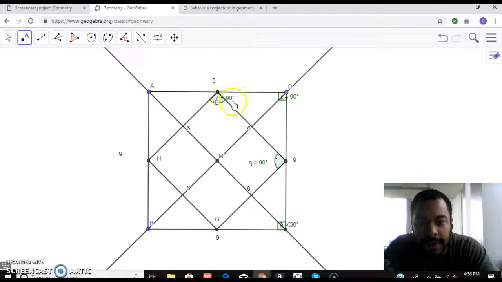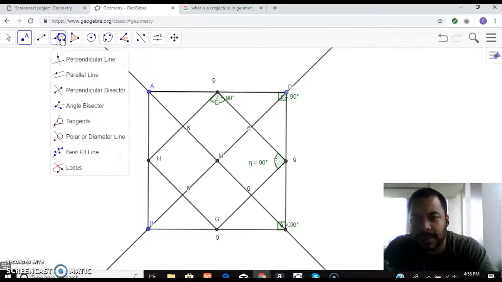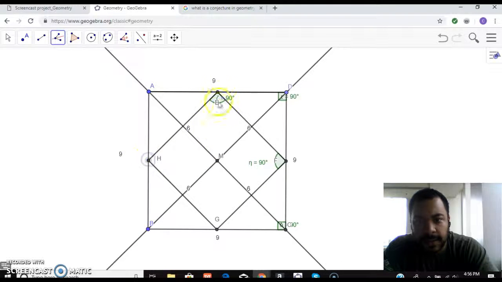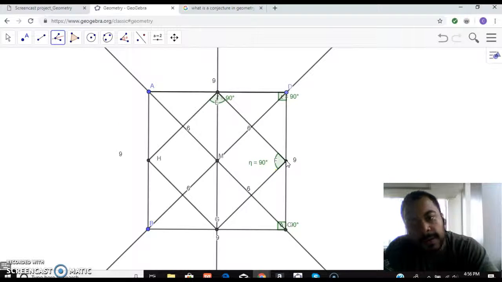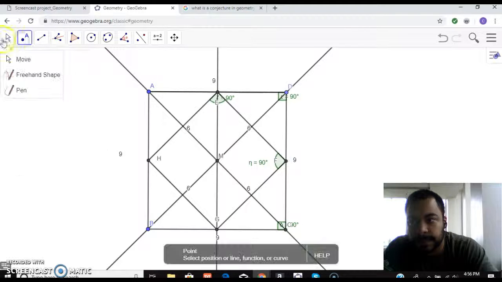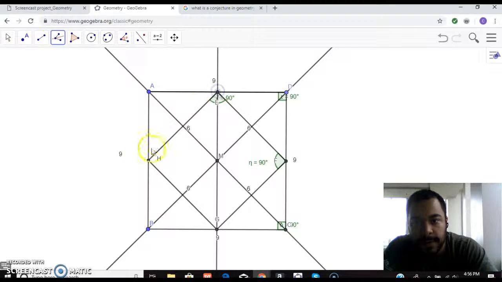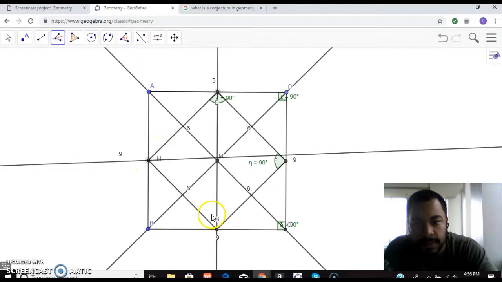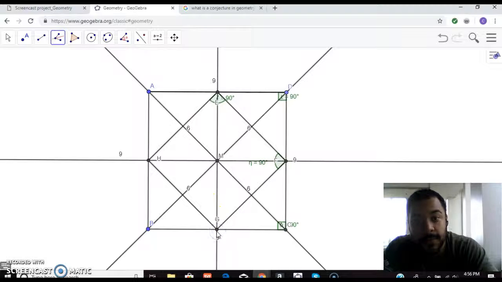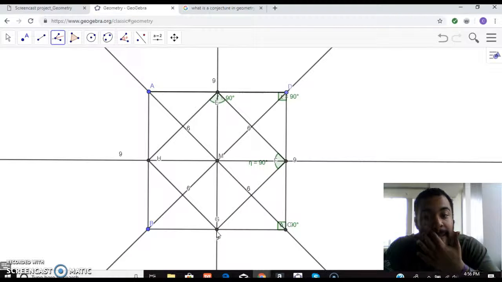What about the centroid for EFGH? Alright, let's take the angle bisector of that too. So let's do that. Okay, that does it. Let's see if another does. I'll start here, E, H. Ooh, interesting.